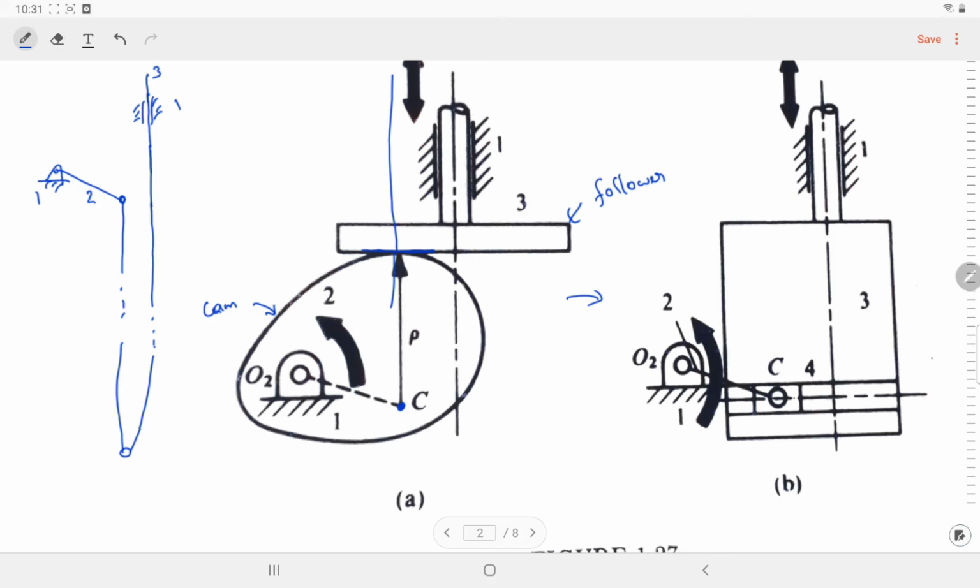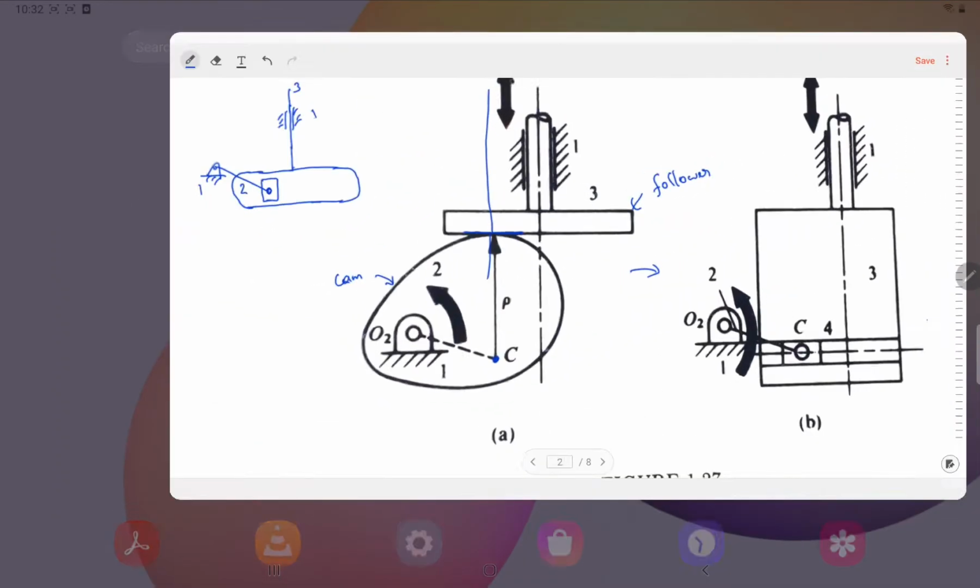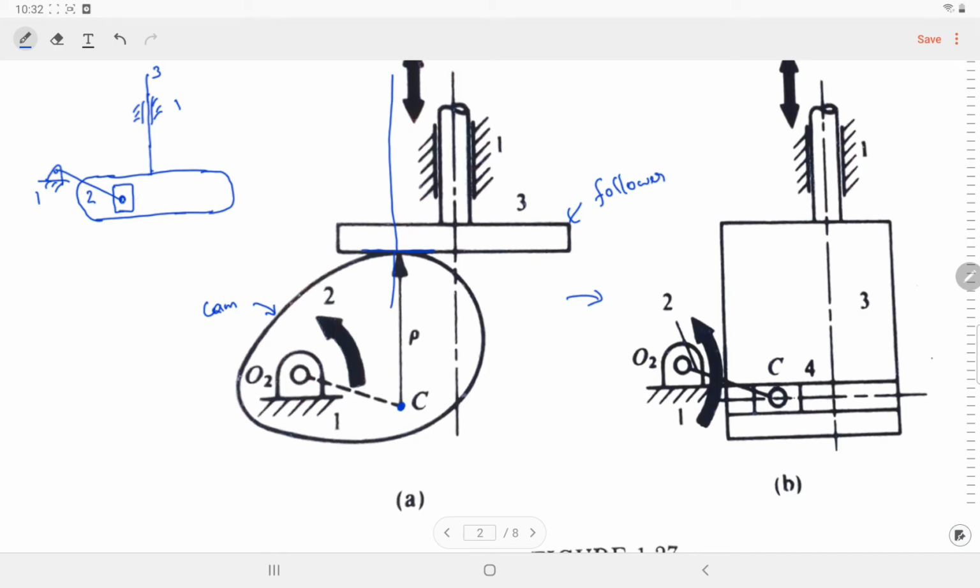Instead of this one, I remove this, and this one is moving in this direction.